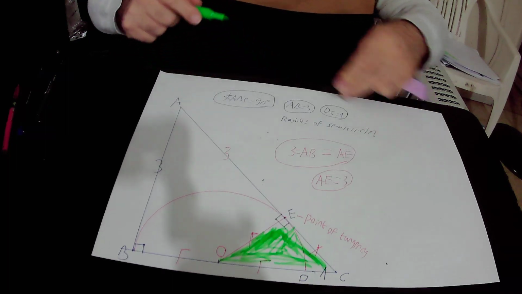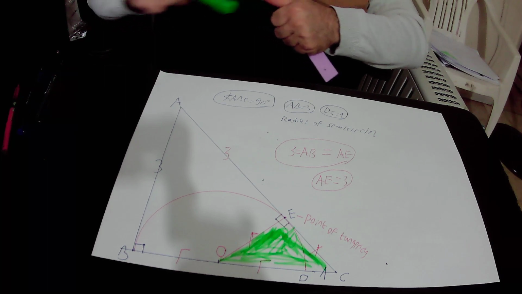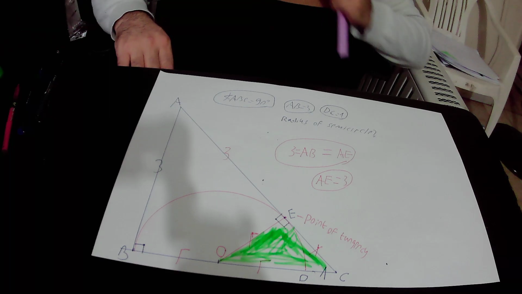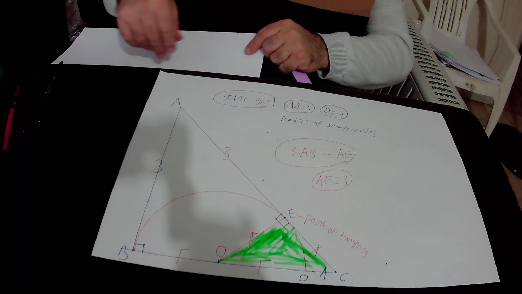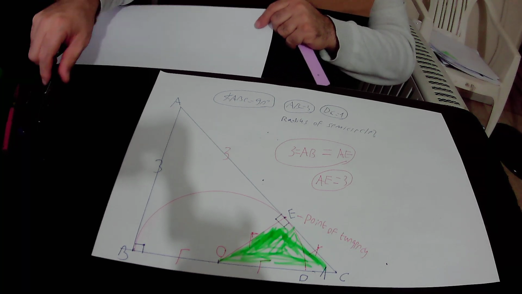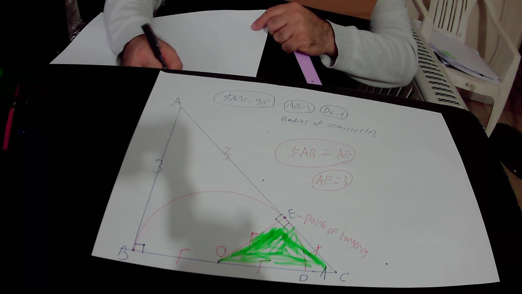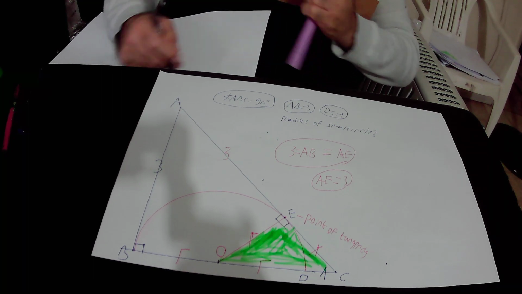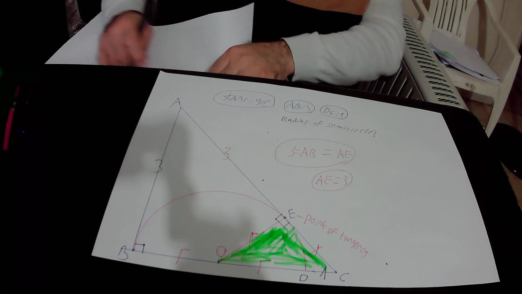So on the green right triangle OEC, according to the Pythagoras theorem, in triangle OEC, the square of the hypotenuse equals the sum of the squares of the perpendiculars.